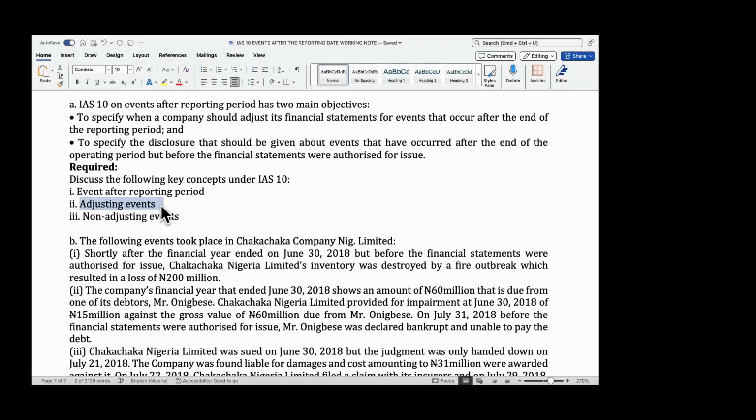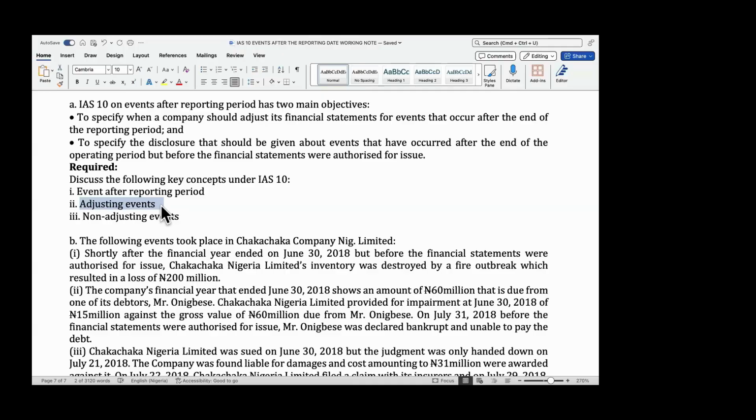Okay, there are events that occur between the reporting date, which is the end of the accounting period, and the date when the financial statements are authorized for issue. What's the difference between that and events after the reporting date? So you are saying the same thing. All you have defined is events after the reporting date, not adjusting events.